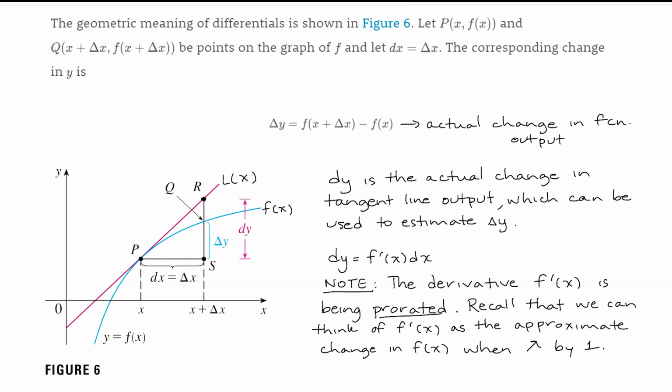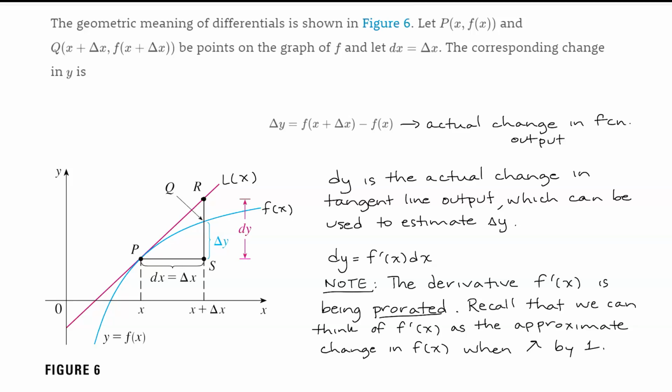There's many ways to think of it, but one way is if the x were to increase by 1, then we would expect the f to increase by about 4. Now, what if the x doesn't increase by 1, it only increases by half? Well, then we expect that y to only increase by half of 4, only 2. So multiplying by dx, that would be the half.